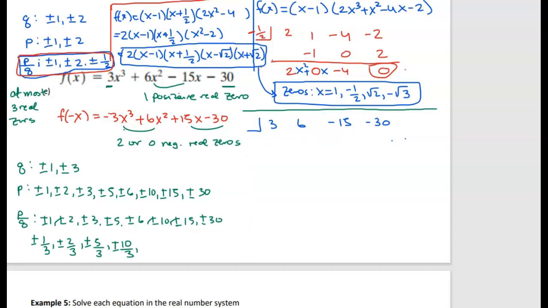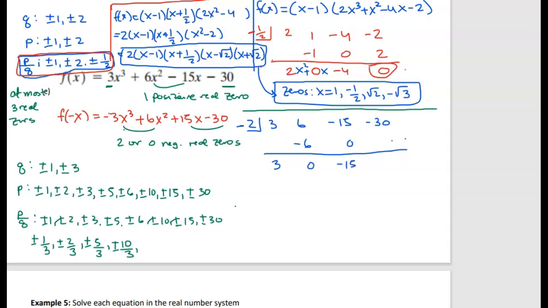Let's go to 2. 3, 6, 12, 24, 9, 18. No. Let's do negative 2. 3, negative 6, 0, 0.